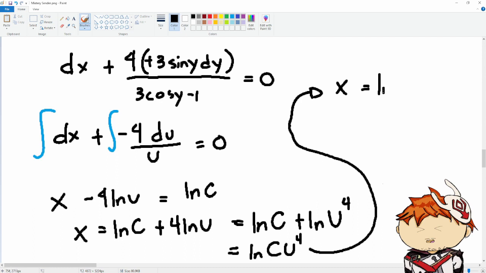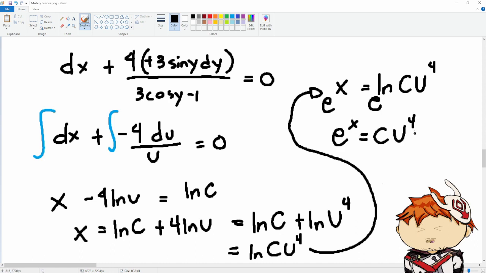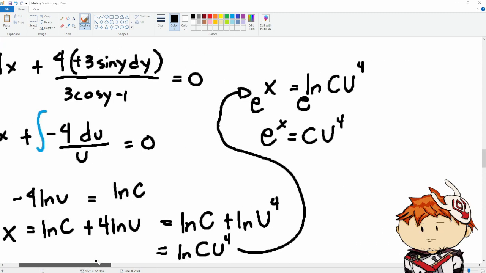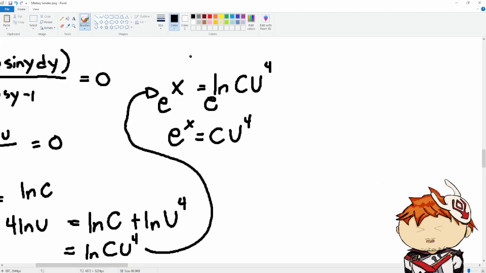x is equal to ln of c u to the fourth. Raise both sides to e. This will become e to the x is equal to c u to the fourth. Okay? Now, that's not the final answer, because remember, the final answer needs to be in the same variable as the given. We let u is equal to 3 cosine y minus 1.